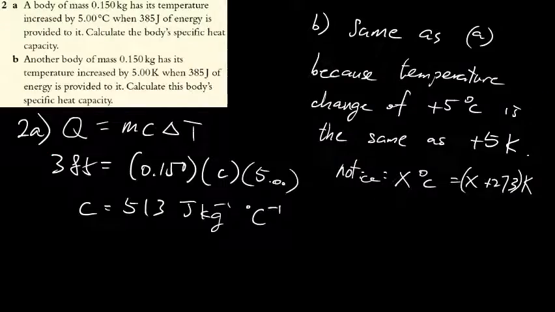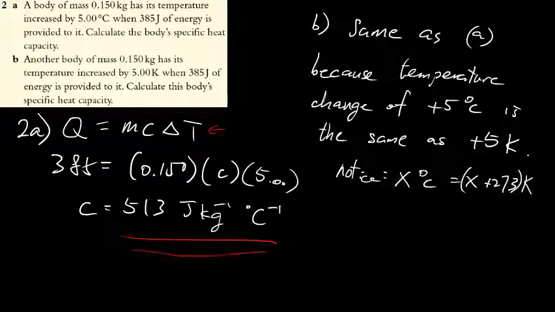The next question is again very simple. For part 1, you only need to write the formula again, substitute all the things you know, and find the answer. Pay attention to the unit, remember to put it on, and also for this one, if you want, you can change it to K⁻¹, because you know they are the same.